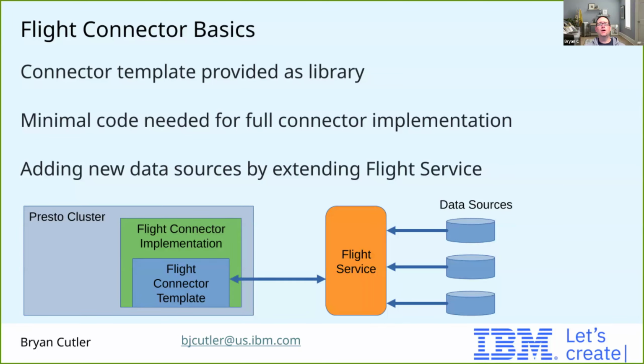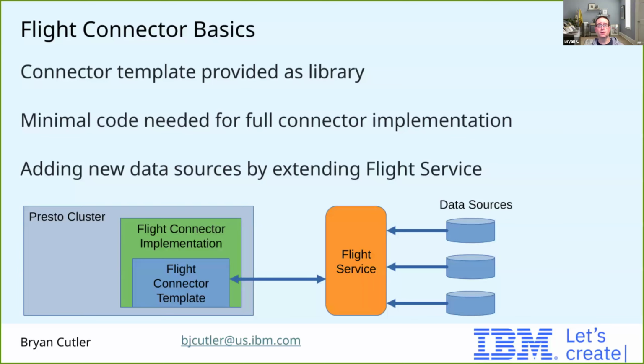All right, so when we talk about the flight connector in Presto, what we're actually providing is a base template that you can use as sort of like a library to make your own concrete implementation. So with just some minimal code, you can build on top of this to have your own implementation work with whatever flight service you're using.